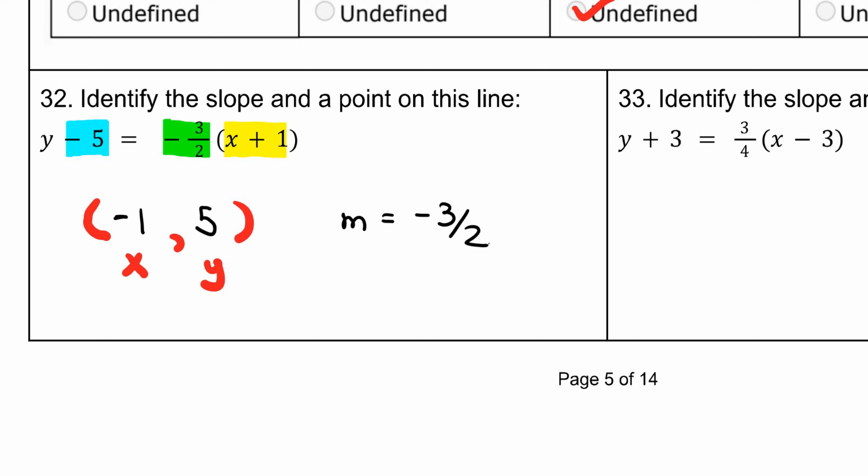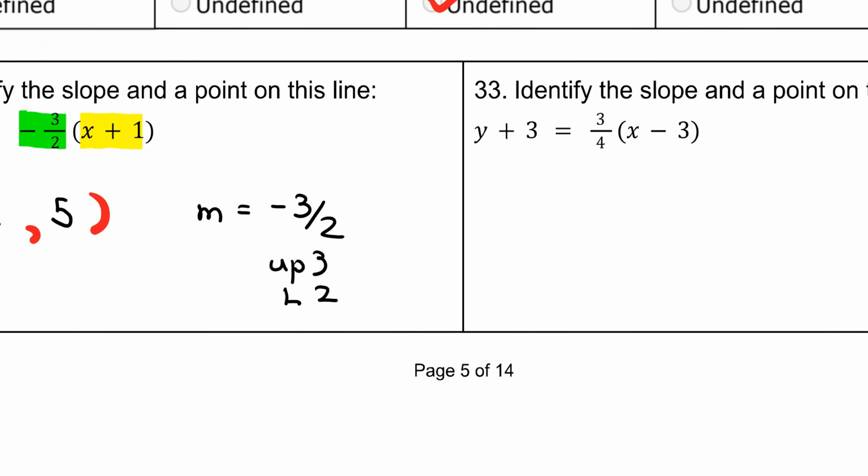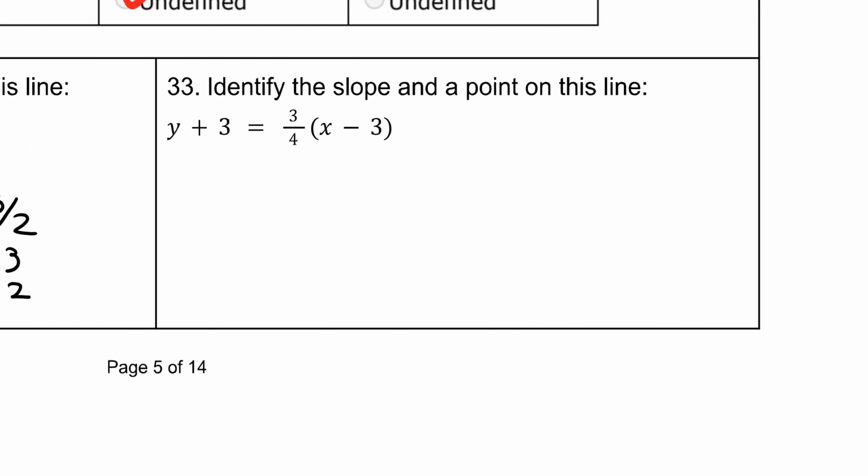Okay. And just remember, when you are graphing a slope, this literally means you are going up 3 and left 2. Okay, so that's a little tip if you are graphing a slope there. Okay, moving over here, let's see if we can go ahead and find the point right here. Okay, so I have x minus 3, so the opposite of negative 3 is positive 3, and since I have a positive y plus 3, the opposite of positive 3 is going to be negative 3.